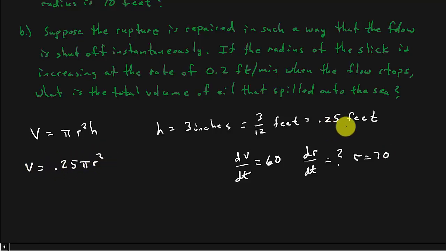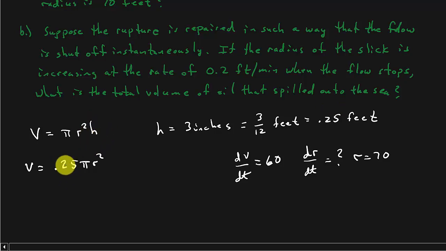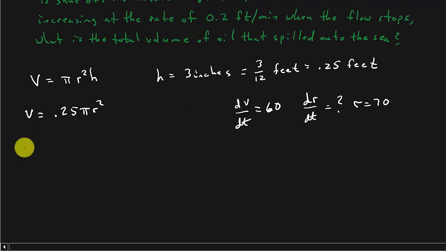Since the thickness of that oil spill is constant, it's just 3 inches thick, and it doesn't tell us that thickness is changing, I replaced the h with 0.25. And so I've got dV dt is equal to 0.5 pi r times dr dt. And notice they're wanting us to find dr dt, right? You see that? So we need to solve for dr dt.